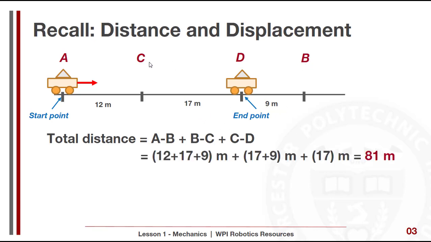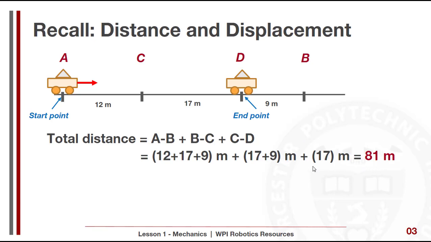From B to C, the robot travels 9 meters plus 17 meters, or 17 plus 9 meters. And then from C to D, the robot travels 17 meters, for a total of 81 meters.